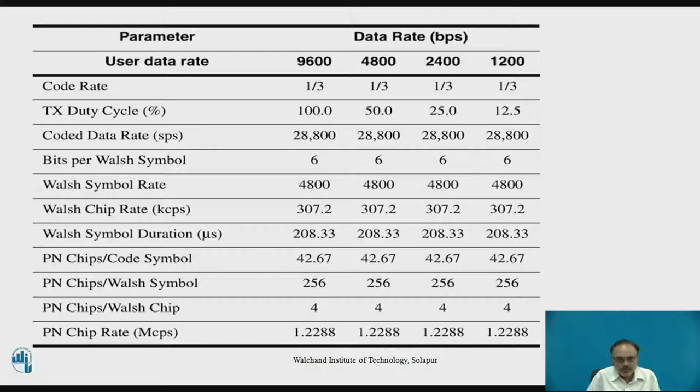Likewise, all the parameters including PN chips per code symbol, PN chips per Walsh symbol, and PN chips per Walsh chip are given with the various data rates provided for the reverse CDMA channel.